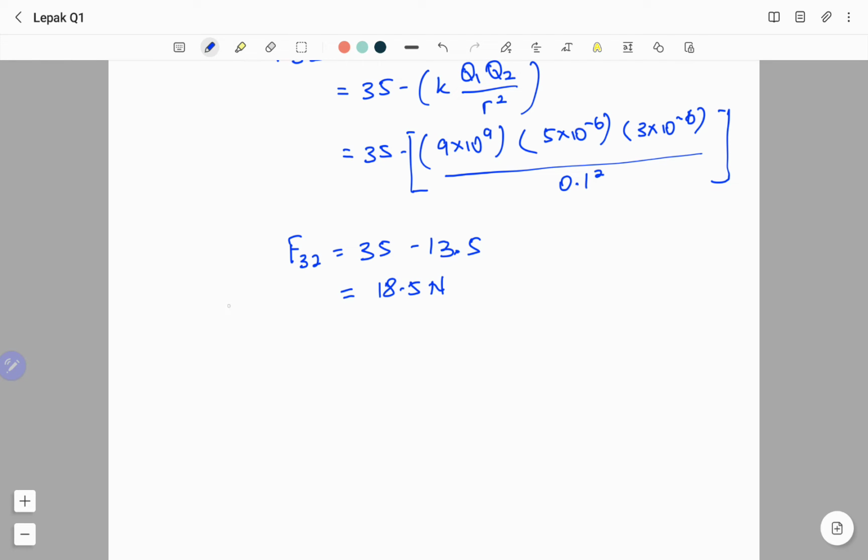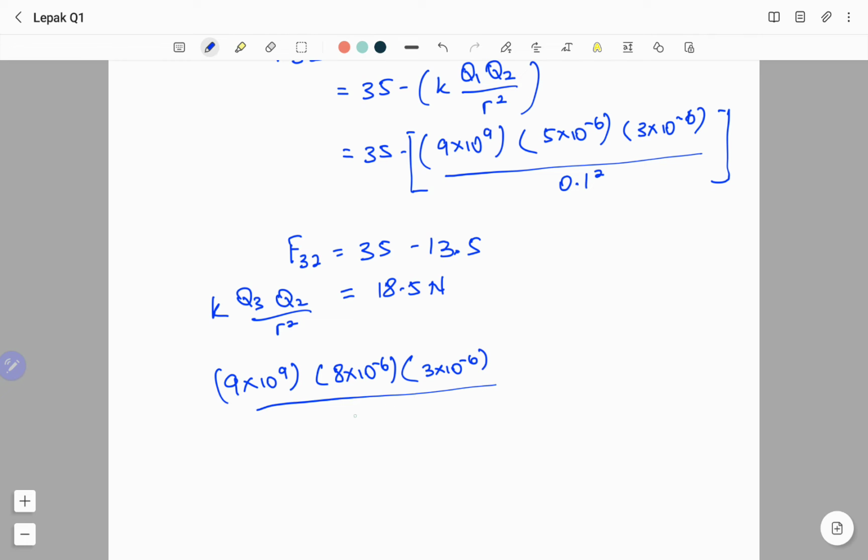If we expand, you will end up with K Q3 Q2 over R squared. Expanding further, 9 times 10 to the power of 9, Q3 value given, and Q2 value also given, over unknown x squared, equivalent to 18.5.